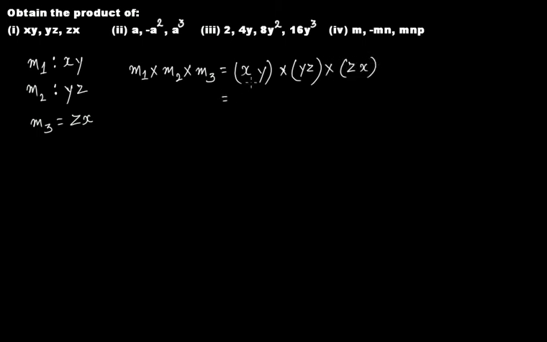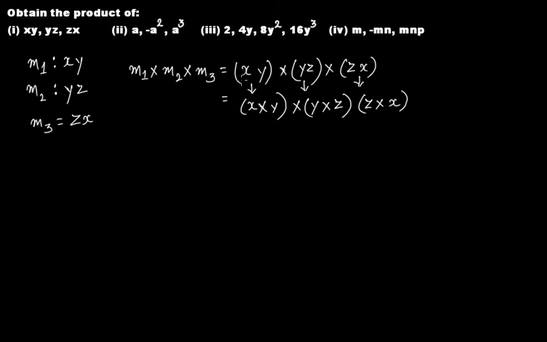So this xy can be written as x multiplied by y, this yz can be written as y multiplied by z, and this zx can be written as z multiplied by x. Now, since we don't have any numerical coefficient in these 3 monomials, it means that they are 1. So 1 multiplied by 1 multiplied by 1 will be 1. So we don't have to think of the ones.